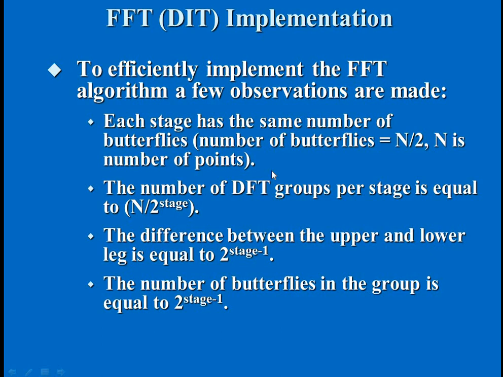For example, if stage 1 has 4 butterflies, up to stage number n we have to maintain that same count. The formula for the number of butterflies is N by 2, where N is the number of points, that is, the length. This is the only point to keep in mind before getting into the numerical problems.